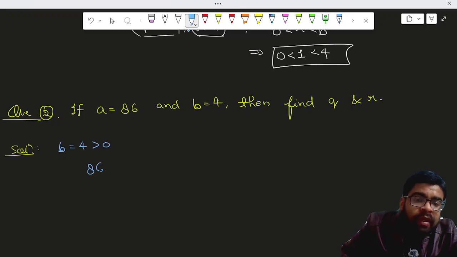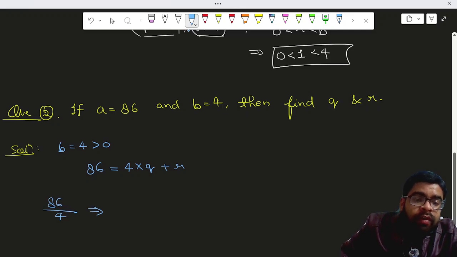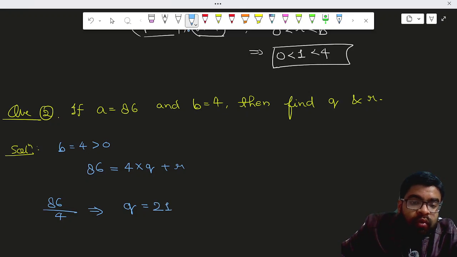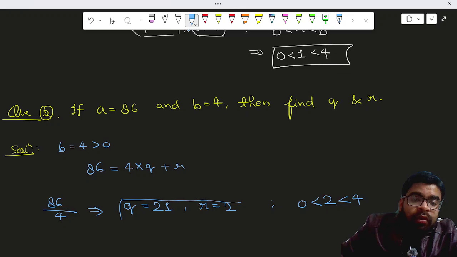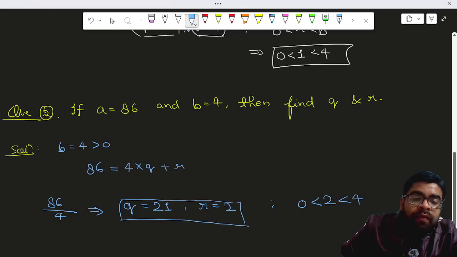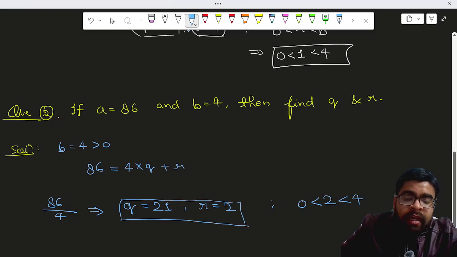So 86 can be written as 4 into q plus r. So if we divide 86 by 4, then what we get here, the quotient will be 21 and the remainder will be 2, and clearly this remainder 2 will be greater than 0 and less than 4. So by division algorithm, we can find the values of remainder and quotient.